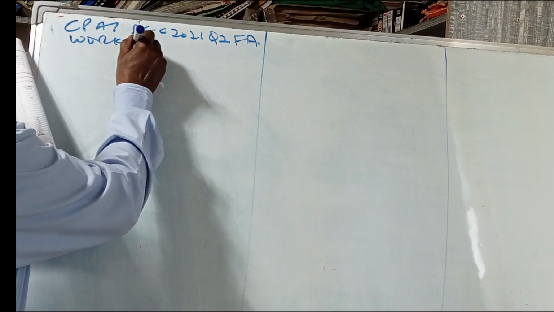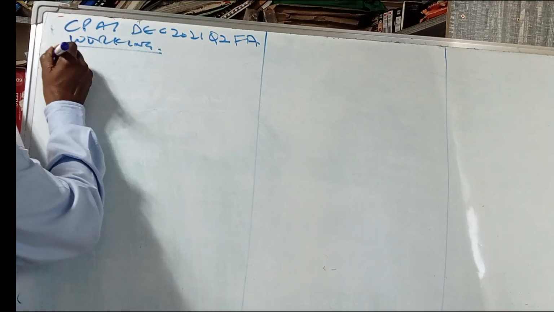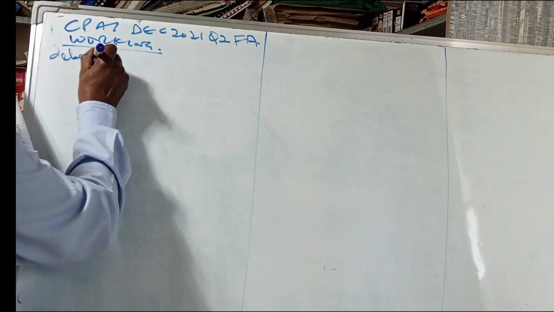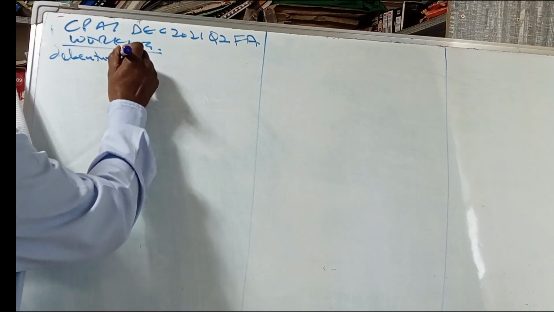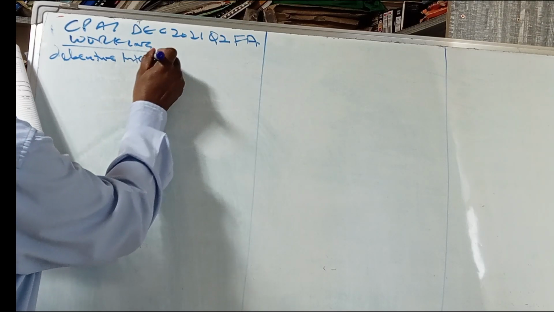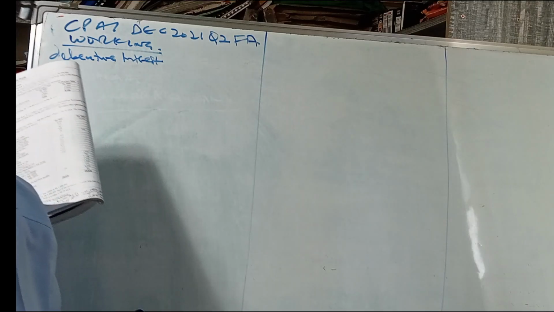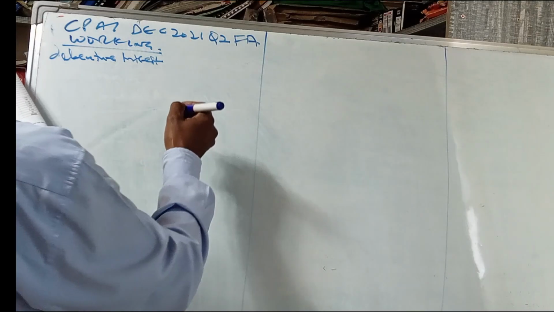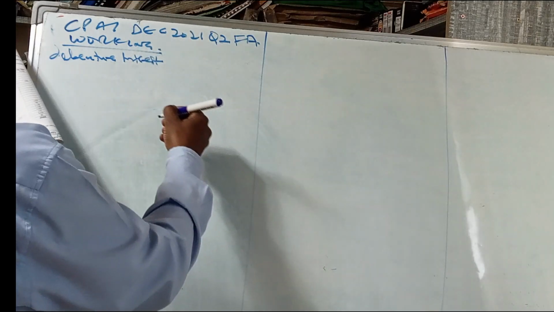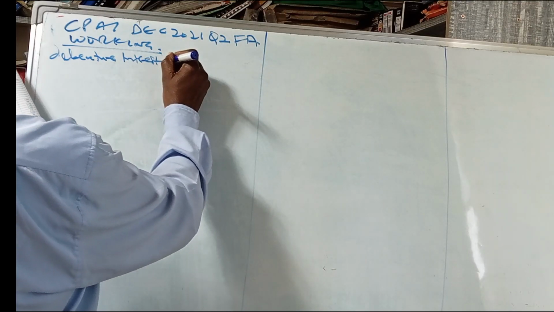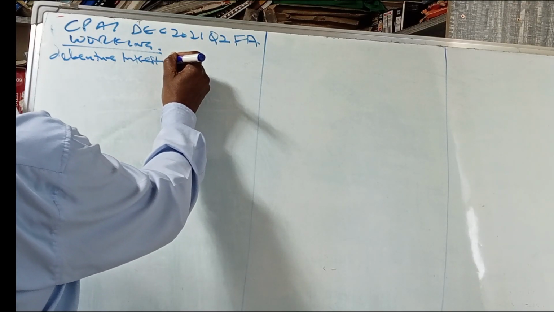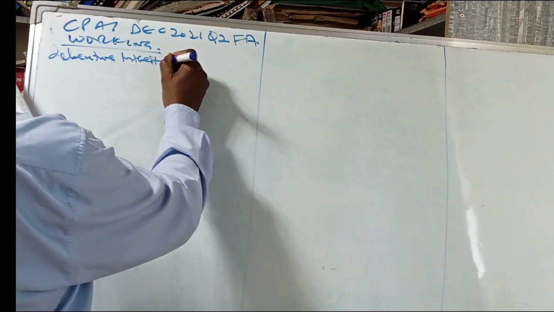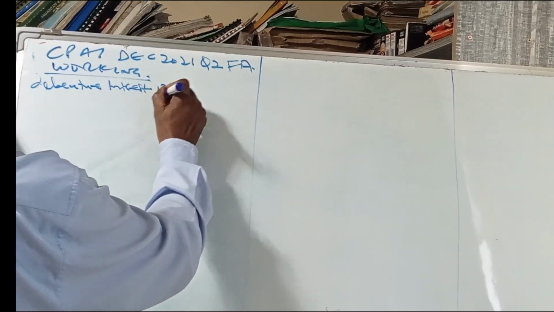So if we do our workings, we want to know the debenture interest expense. Every time you talk about debenture, it must always attract interest expense. And we are told there at the bottom, the fourth from bottom, 12% debenture.